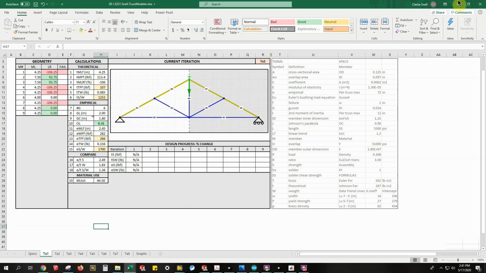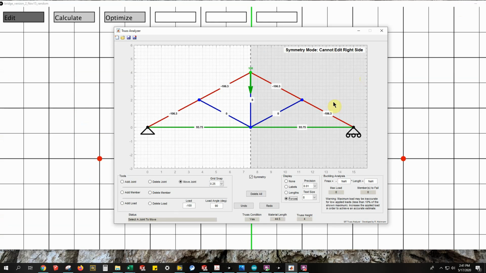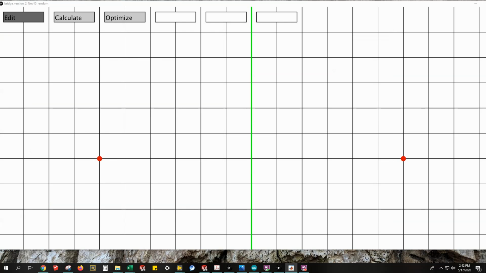My point being that I've started kind of ragging on the Truss Analyzer in class, and last semester, in fall of 2019, I had a student, Jack Himovitz, who's, I believe, a computer science major, but he really got into structures, and he was very creative on all the assignments up to the final truss design project. In addition to doing a bunch of other stuff, he designed his own Truss Analyzer.